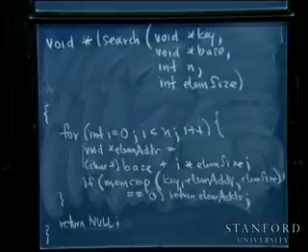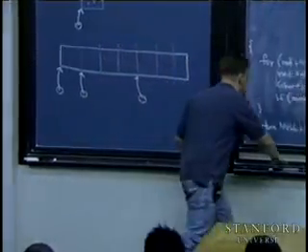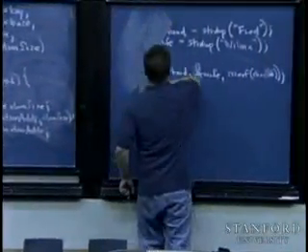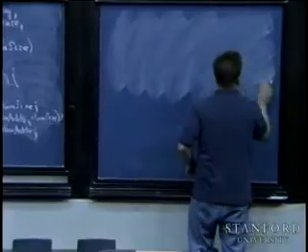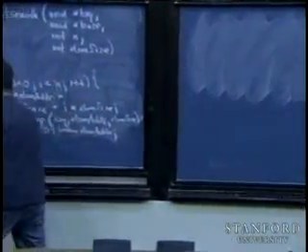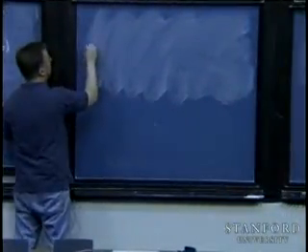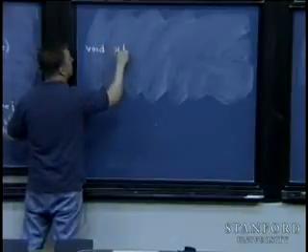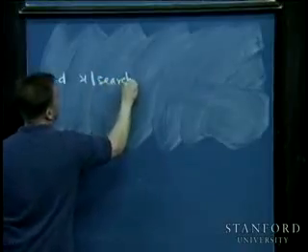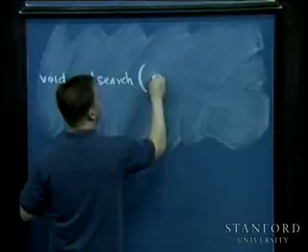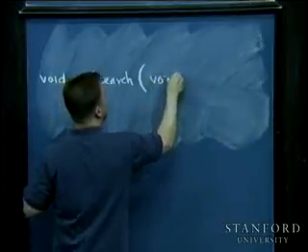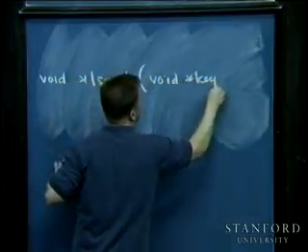Before I let you go, let me write the prototype for the function that we're going to write at the beginning of Friday. Void star lsearch, the L is still for linear search. I want to pass in void star key.